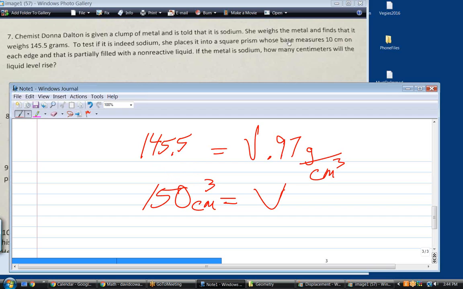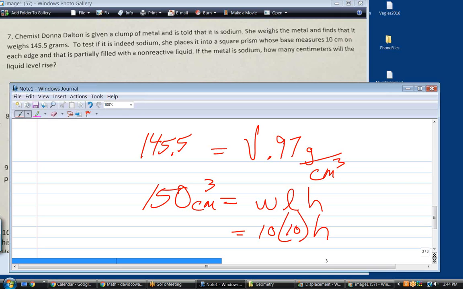And now let's go back to our information. We have a base that's 10 by 10. So what do we need to substitute for volume? We need to substitute the width times the length times the height. Well, the width is 10, the length is 10, and the height is what we're trying to solve.